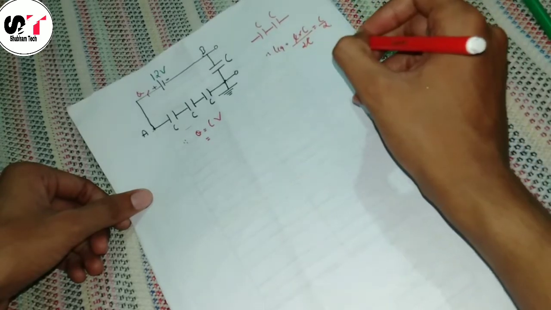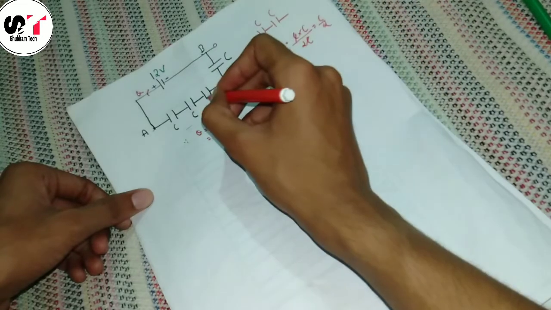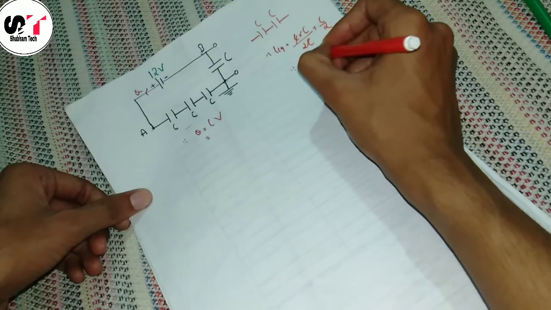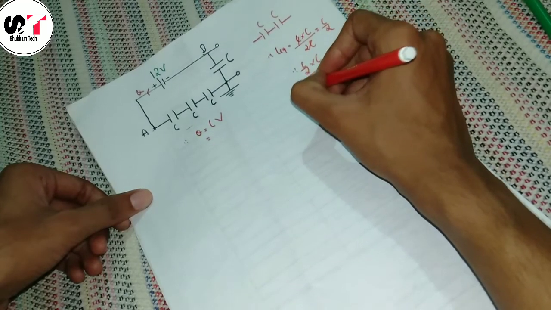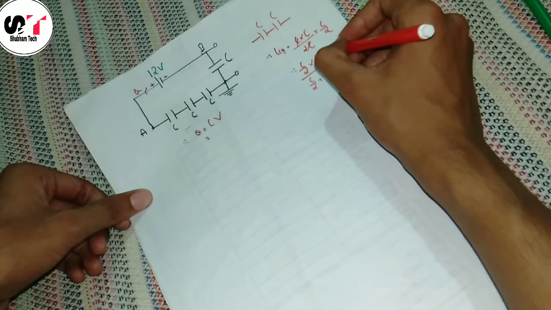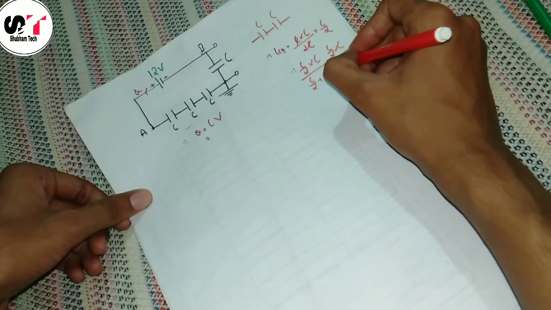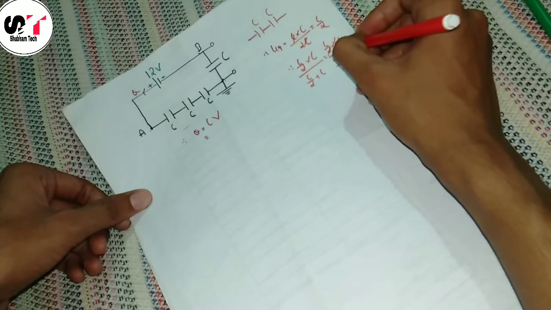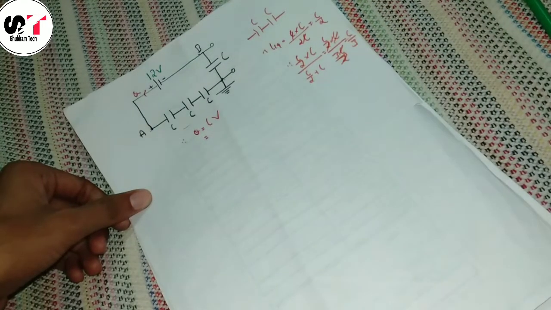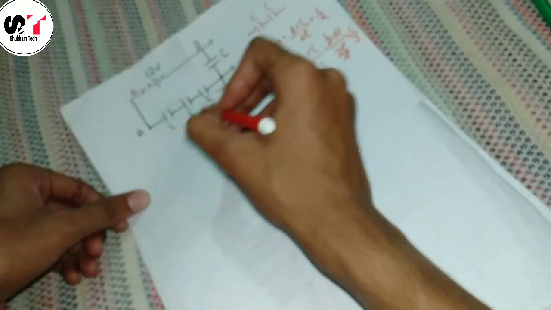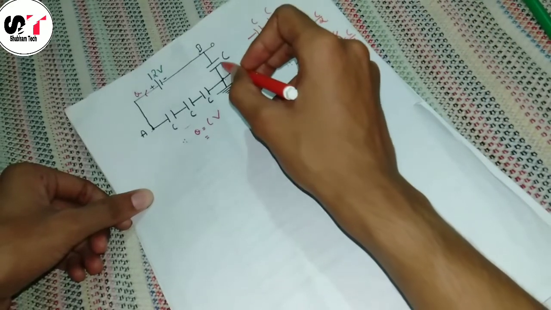Okay, now this C by 2 is in series with C, means C by 2 into C divided by C by 2 plus C, get C by 2 into C divided by 3C by 2, C cancels out, 2 cancels out, we get C by 3. Okay, now C by 3 is the combination of these three capacitors. Okay, now this C by 3 is in series with this capacitor.